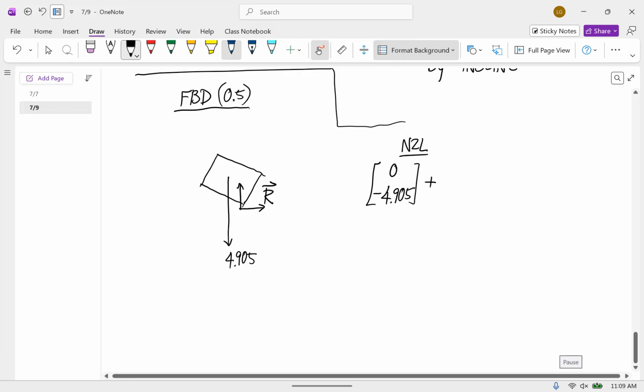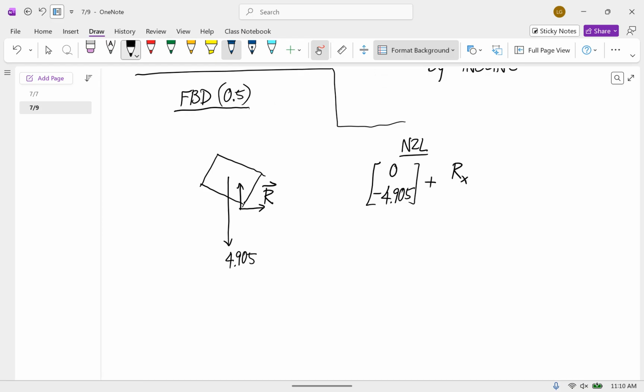We have that R force vector that I'll represent as Rx, Ry. We don't know what either one of those components are. And it's moving, but the acceleration is 0, so this is still equal to 0. And now we just have two equations. We can solve for Rx is equal to 0. Ry is equal to 4.905.